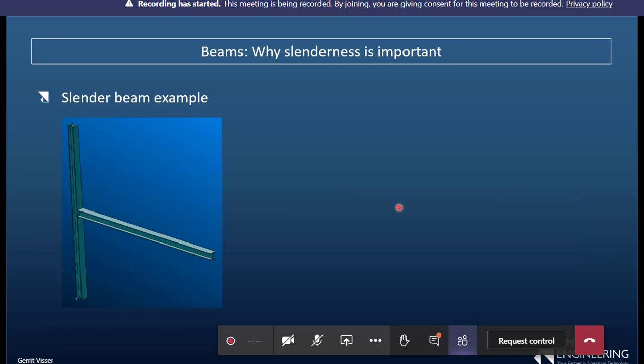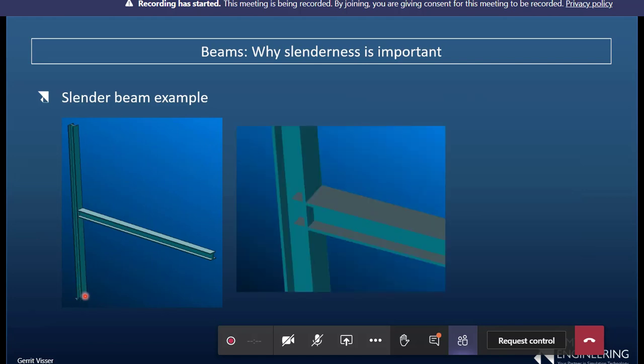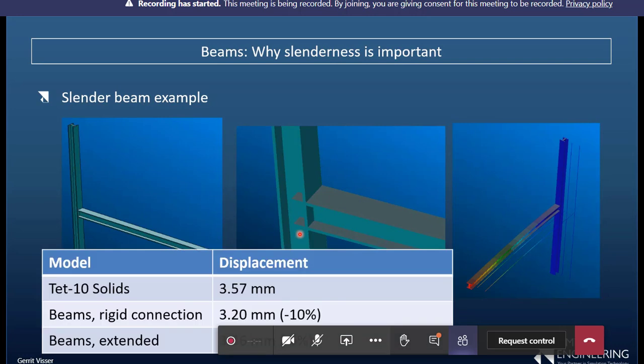If I use a slender beam, and this is just over 10, I think it's about a 12 aspect ratio if I look at that length compared to the height of the beam section. And again, if I model it with beams, there you can see that overlap. I get the displacement for the three, and then I compare the results, and now they're already so significantly closer together, with a maximum error now with the rigid connection being 10% difference instead of 6%.